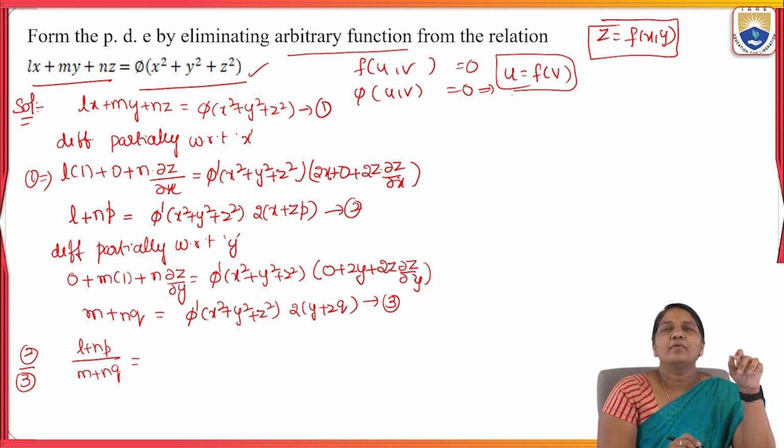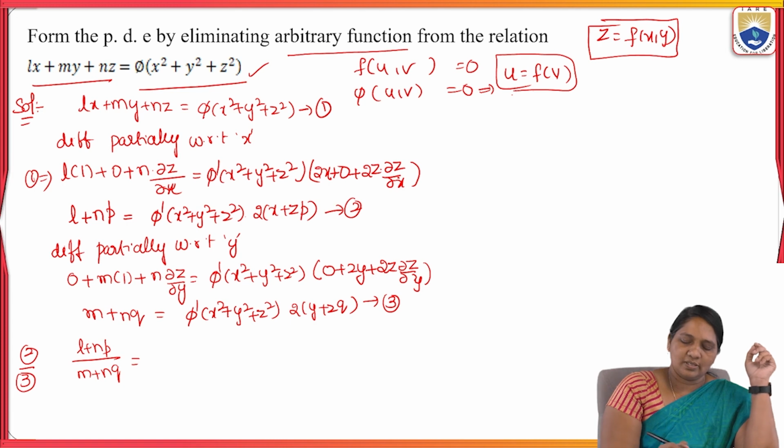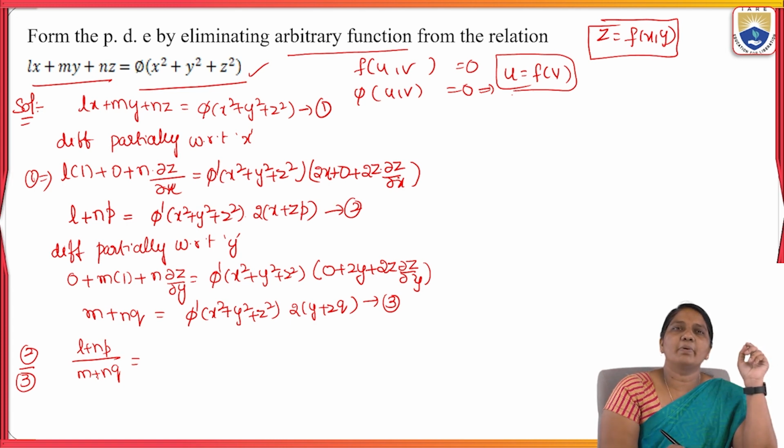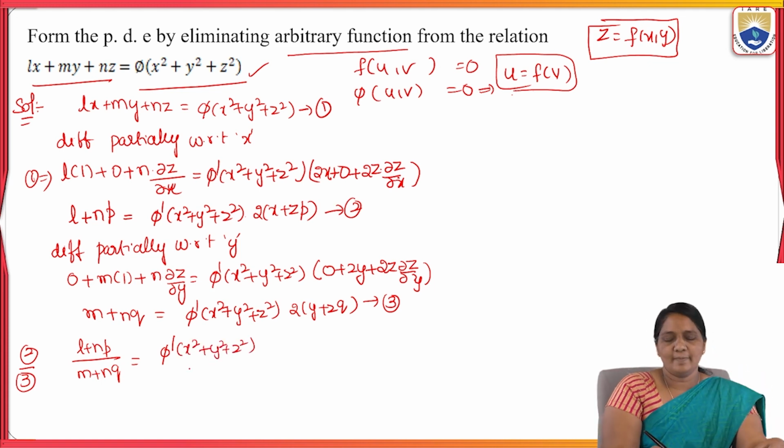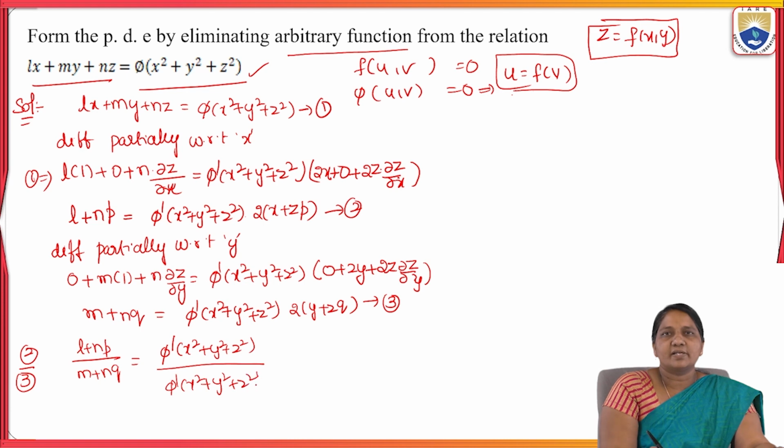So we have to analyze the given equation, and the simplification depends on the equation. So l plus np by m plus nq equals phi dash of x square plus y square plus z square by phi dash of x square plus y square plus z square.